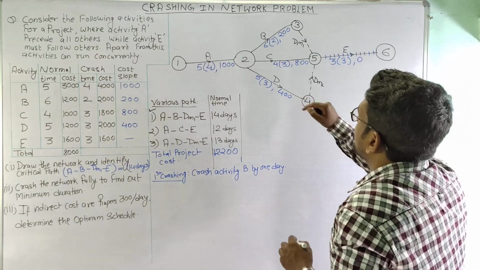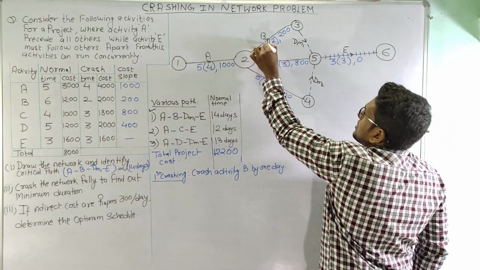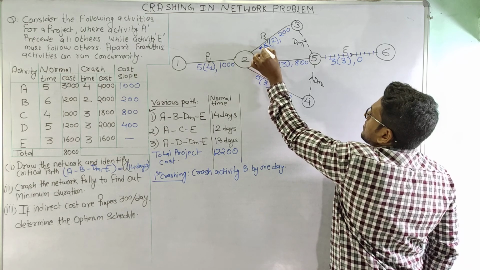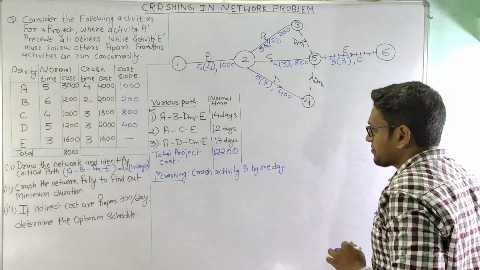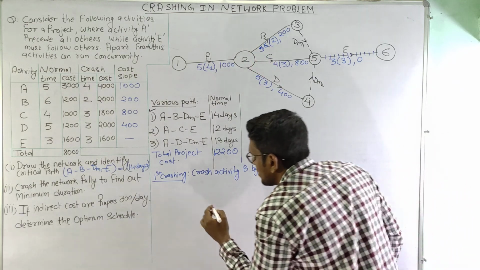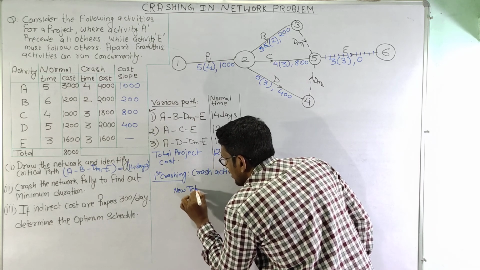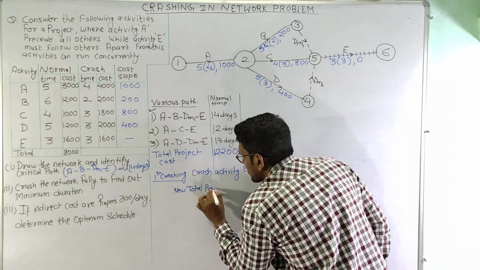So crashing this activity, that means now this activity will have 5 days instead of 6, and now we will calculate the new total project cost.